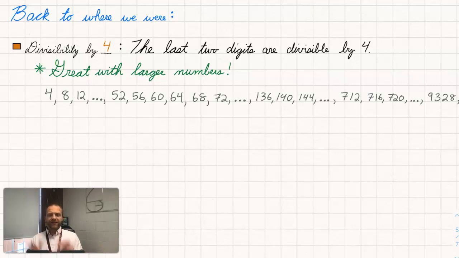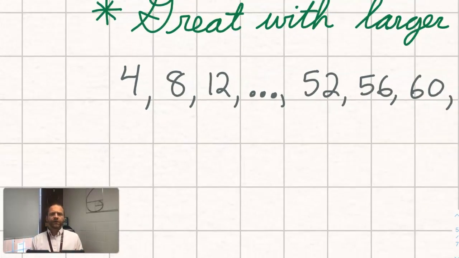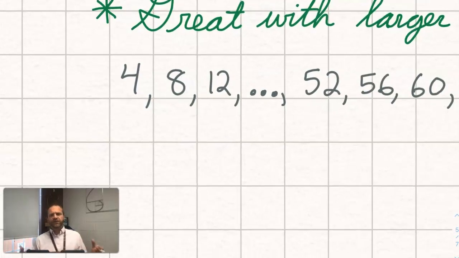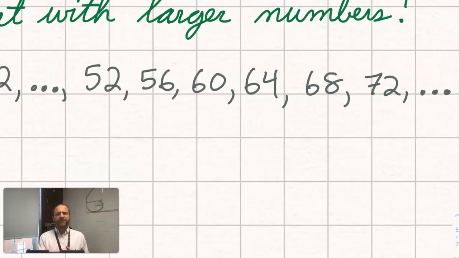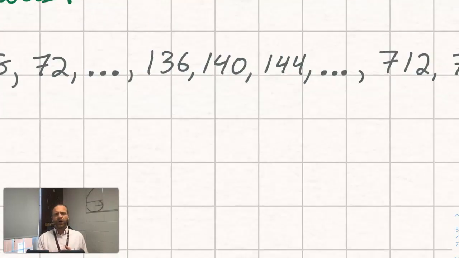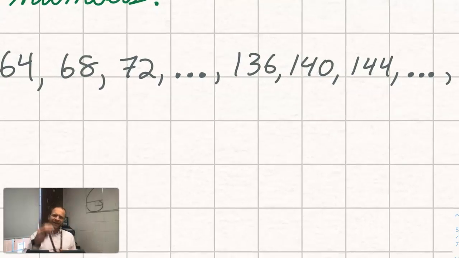And so you can see here again, we start off with easy. We know our multiplication tables. And so maybe we can go right down to 4, 8, 12. We get to 52, 56, 60. We have to think about it a little bit more and so on and so on. But then we start getting into bigger numbers. 136, 140, 144. And I go, wait a minute. Can't do that fast mentally, at least to see if it's divisible by 4.